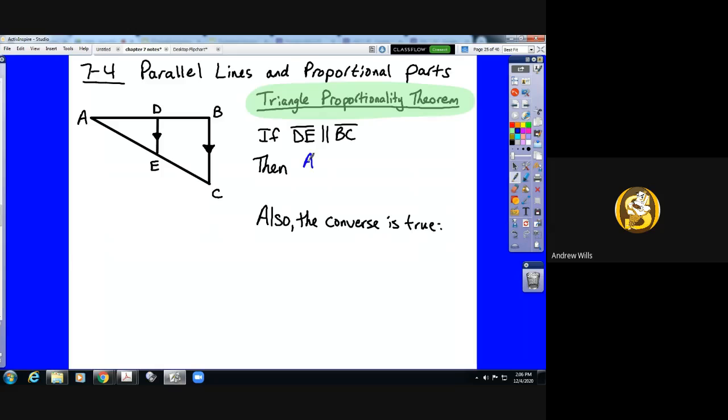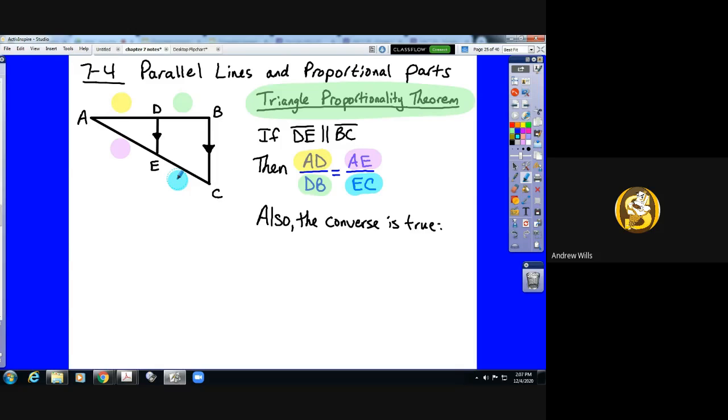AD is to DB as AE is to EC. In other words, if we look at this top section, AD is to the other part of that line segment, DB, as AE is to the other part of that line segment, EC.